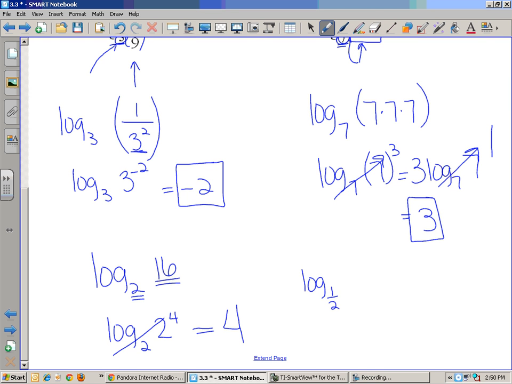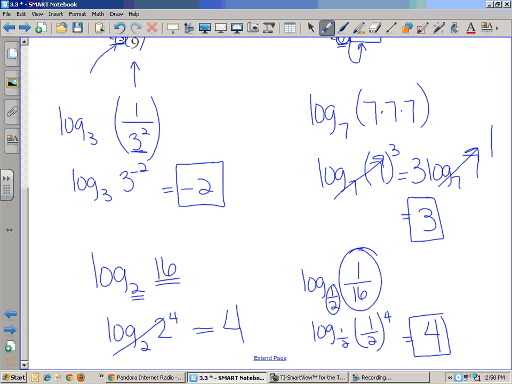Log base 1/2 of 1/16. So I need this to be some form of this. So the answer here is 4. Okay, you need the big thing to be some form of the little thing.